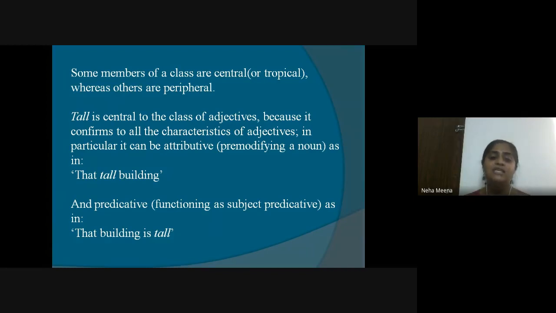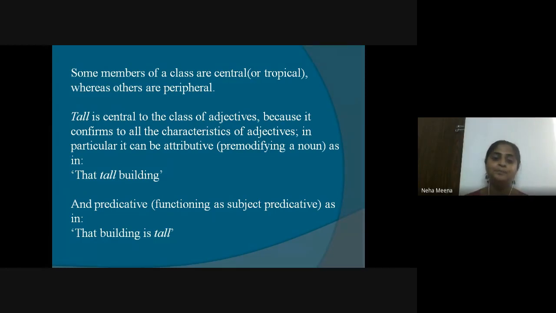Because it conforms to all the characteristics of adjectives, in particular it can be attributive. Do not look at the term pre-modifying, because pre-modifying is a very linguistic term, so there is no need to be worried about it. You'll see with the help of these examples that you'll be able to extract what I'm trying to say.